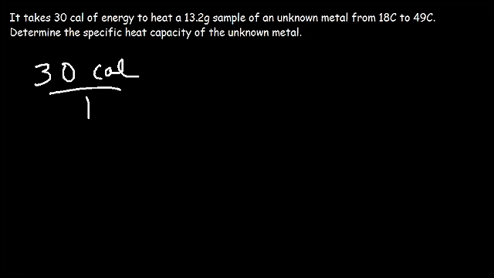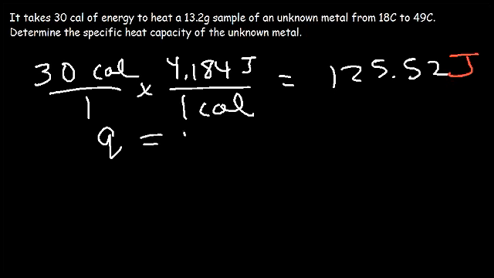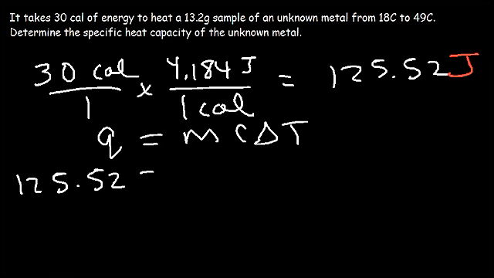Now, as we mentioned before, 1 lowercase calorie is equal to 4.184 joules. So we have 125.52 joules of heat energy. So now let's use the equation Q is equal to mcΔT. So Q is 125.52.